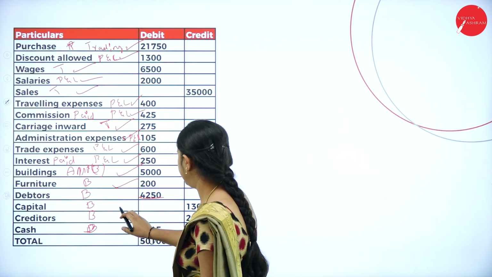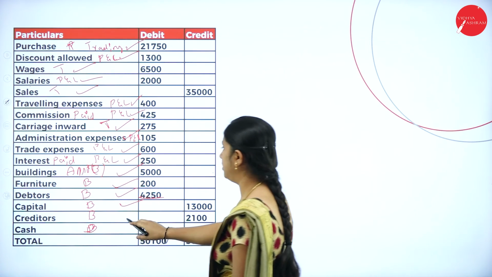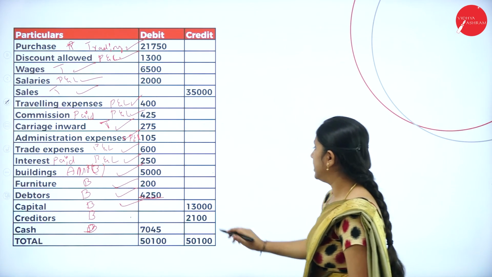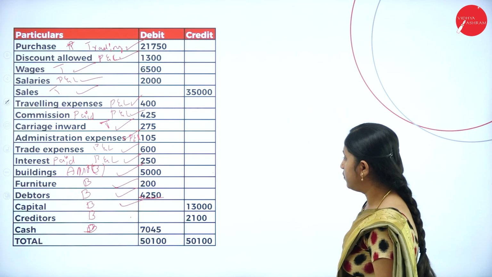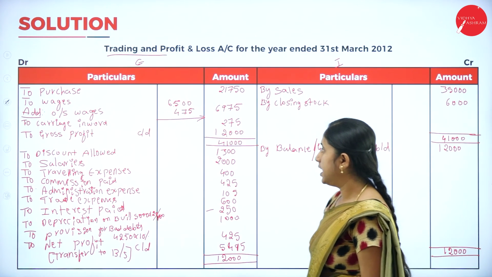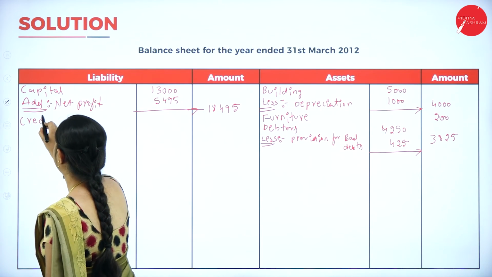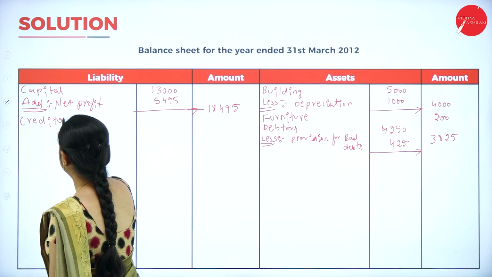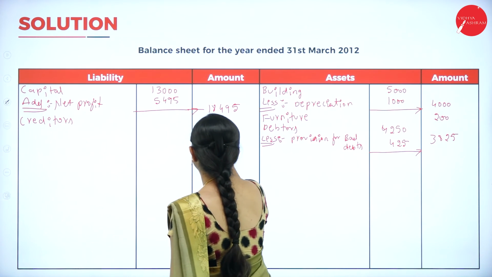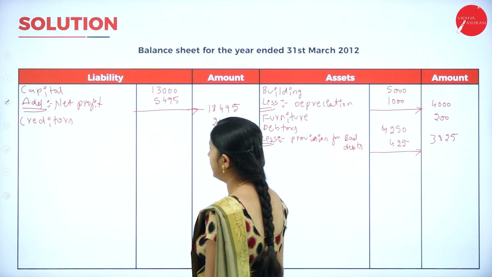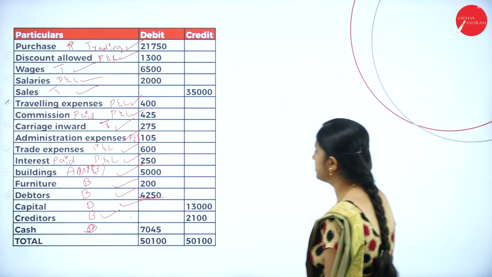Capital finished. Then creditors. Creditors rupees 2,100. Creditor is liability. Write creditors 2,100. Then cash. Cash is asset.